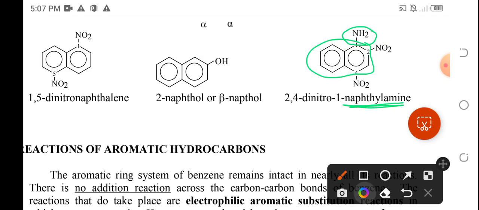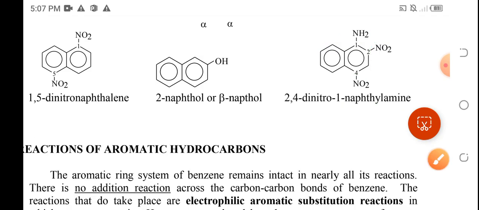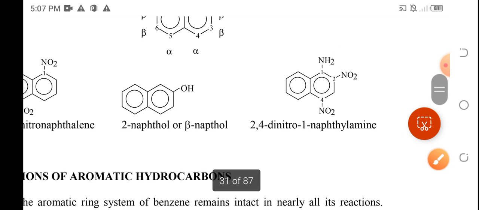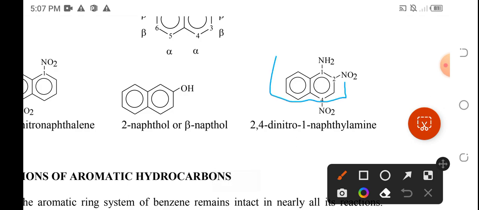Okay, so etong tatlong ito, the naphthalene together with the amino group is naphthylamine. The amino NH2 is located at carbon number 1, kaya meron tayong 1 dyan.